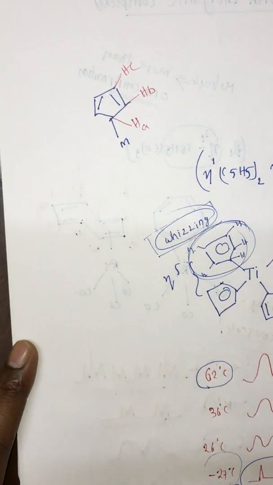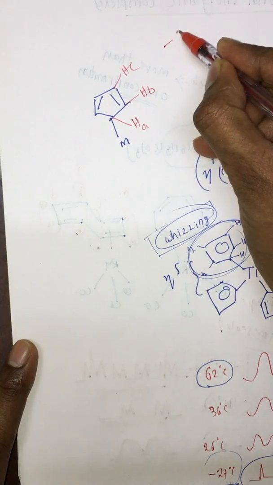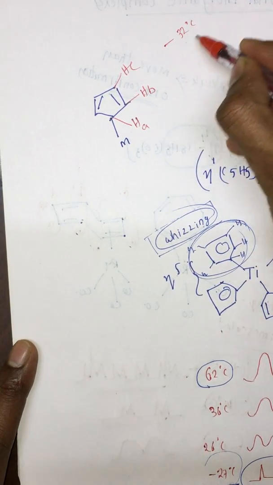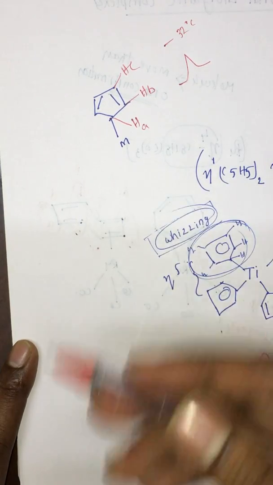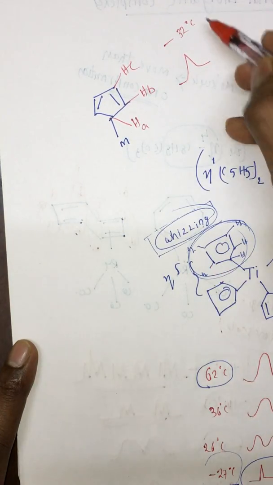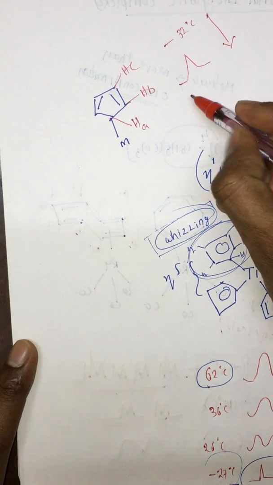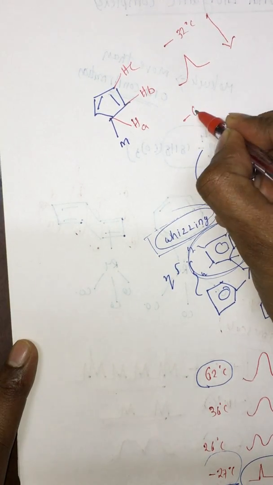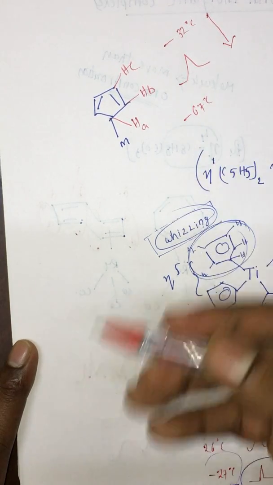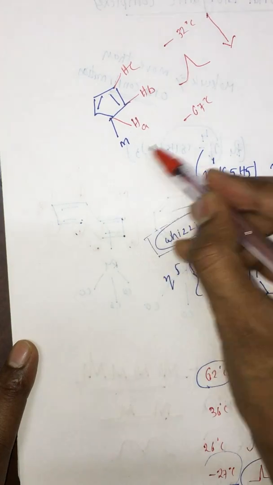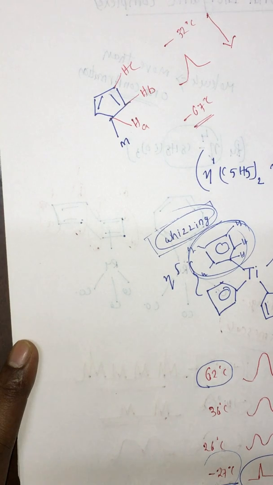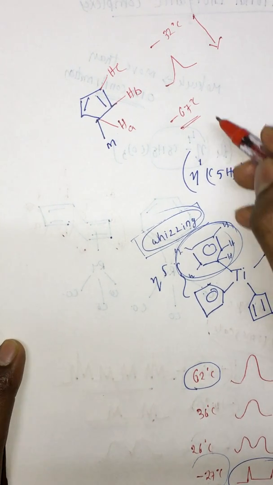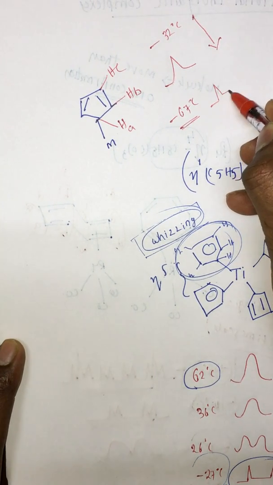Okay, so at minus 32 degrees centigrade, it gives a broad singlet, because the wedging will be there. As we reduce the temperature from minus 32 to minus 67 degrees centigrade, the wedging will be slower. So here at this temperature, rate of exchange will be equal to the NMR time scale. So because of that reason, we will get a three-line signal here.